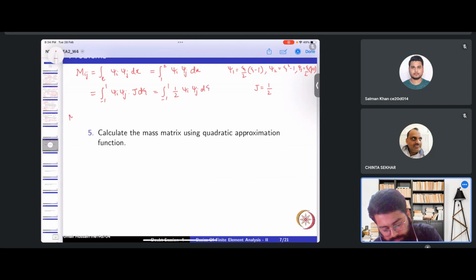So we can start with M11. We just remove this half, we can consider it later, it will be the same for all.